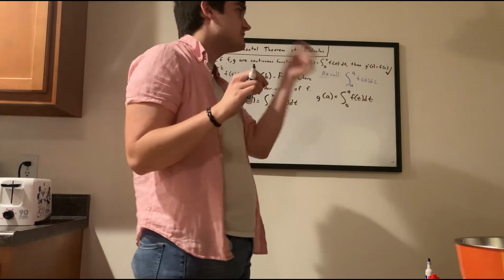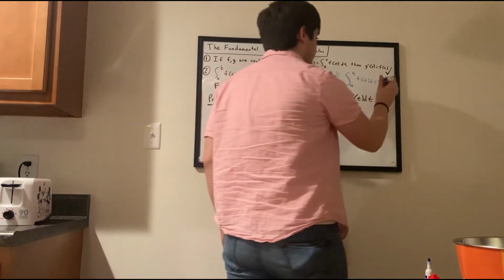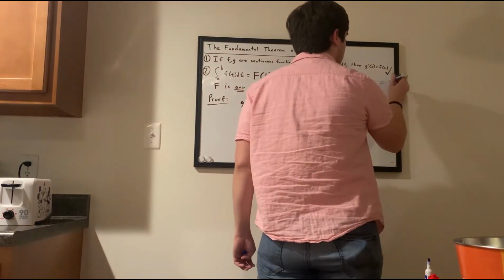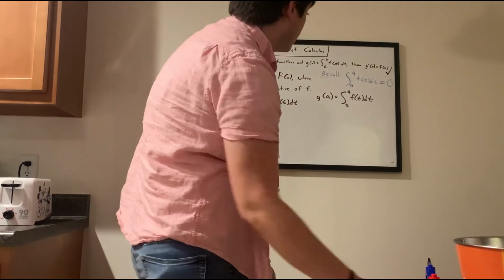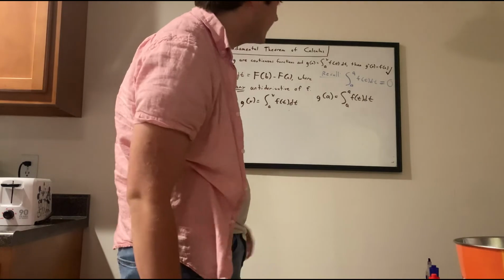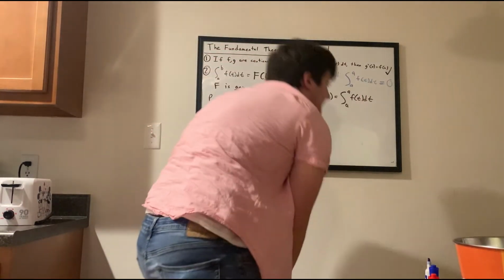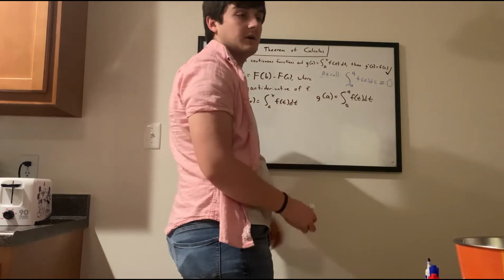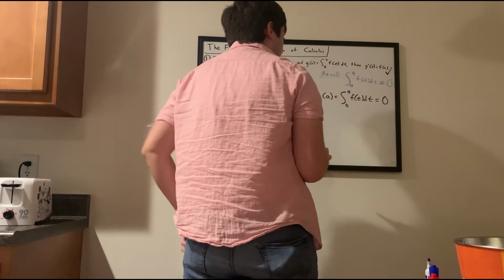If I take a box with 0 width and multiply it by a length, it's still going to be 0. So one of the properties of our integral says that if I go from a to a, it's just going to be 0. And so that still holds true, and we get 0 for this.